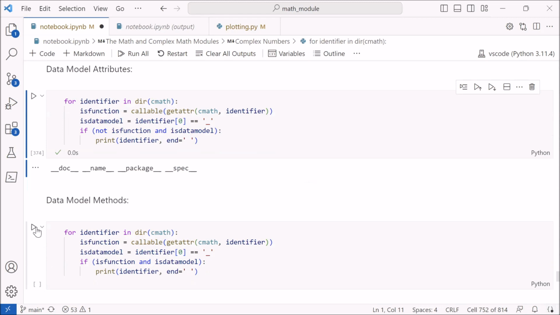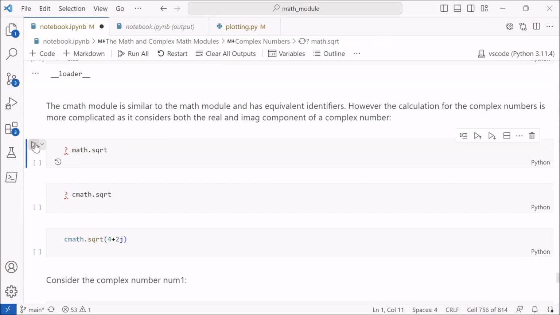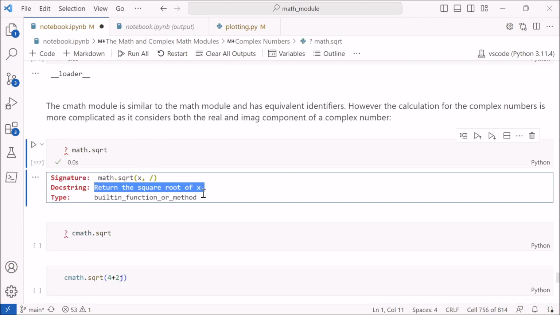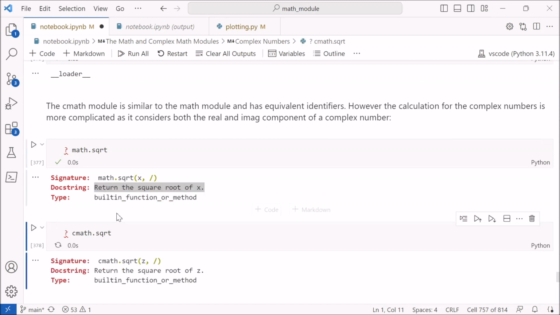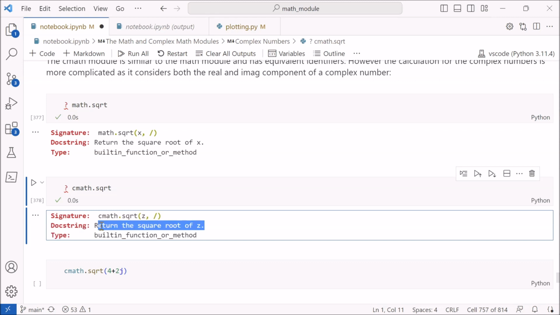But the same data model attributes and methods as before. So the complex math module is similar to the math module. So if we have a look at the square root, for example, we're going to return the square root of the rational number x. Whereas if we have a look at the complex square root, we're going to return the square root of the complex number z.